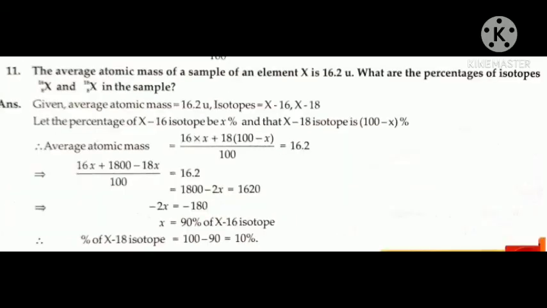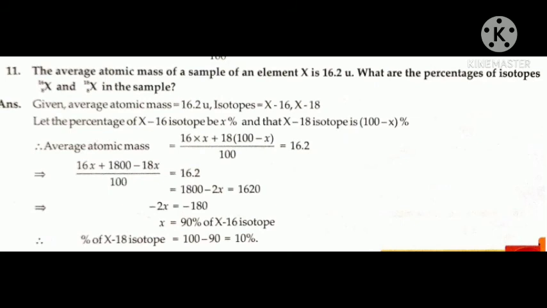Question number 11. The average atomic mass of a sample of an element X is 16.2 u. What are the percentages of isotopes of X with same atomic number, so 8, but different mass numbers 16 and 18 in the sample? Answer. Given average atomic mass equal to 16.2 u. Isotopes X16 and X18.